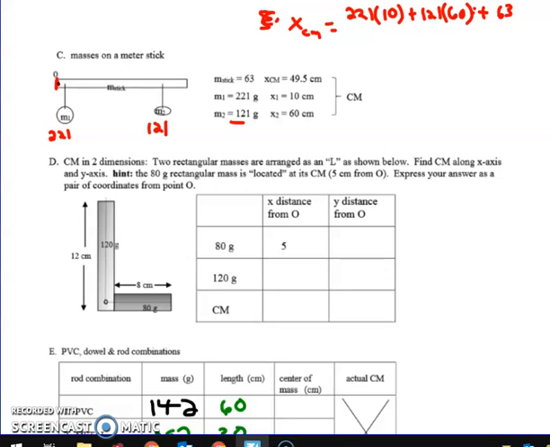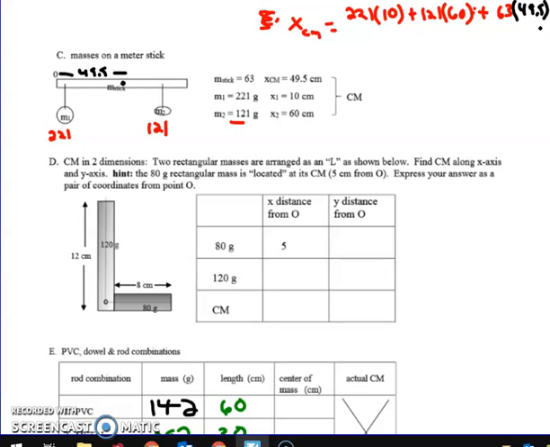So even though the stick is extended all along here, let's treat it as if all the mass is located in one spot, i.e. at the center of mass, which would be roughly halfway along the stick. So I have 49.5. There's something physical about that on the meter stick itself. So that's how far away. The center of mass of the stick, not the system, is right here, and that's your 49.5.